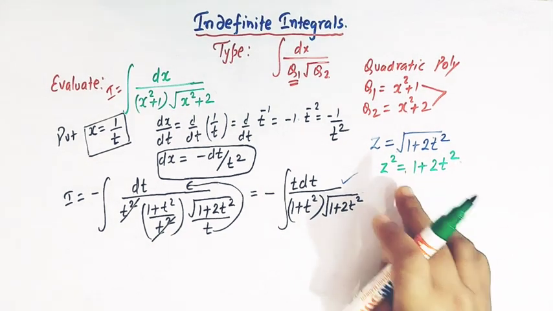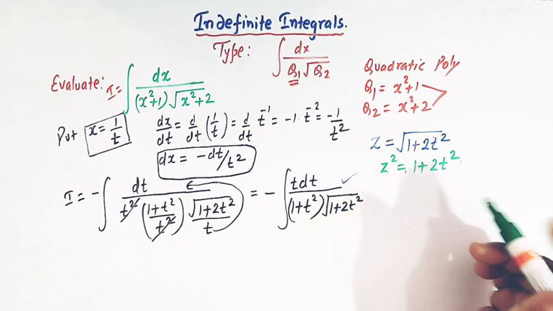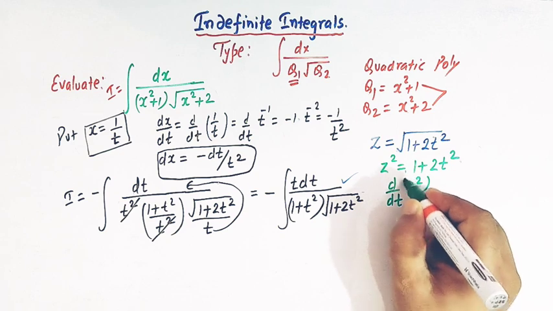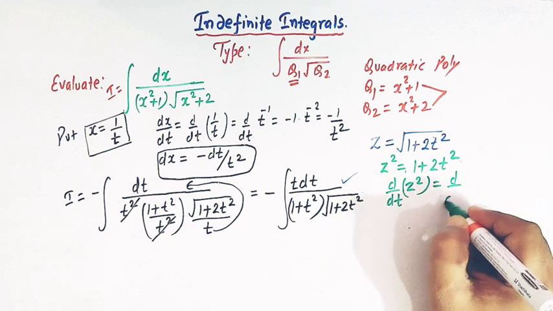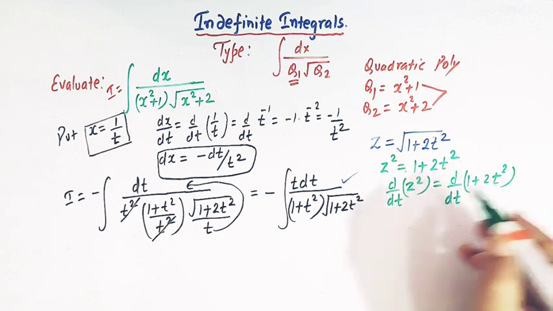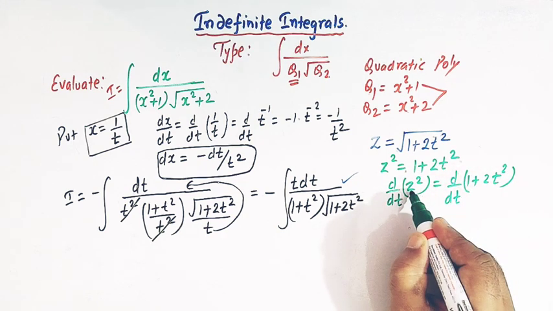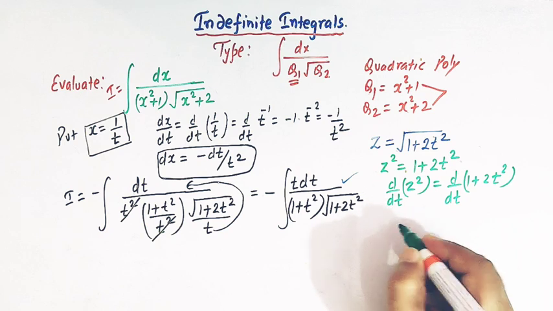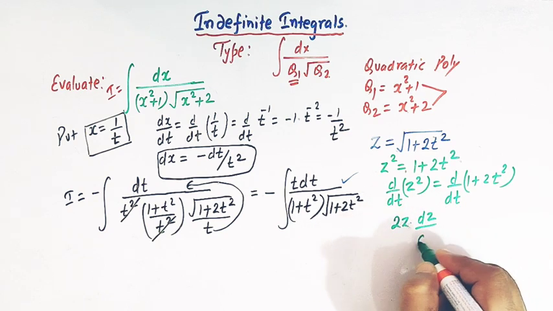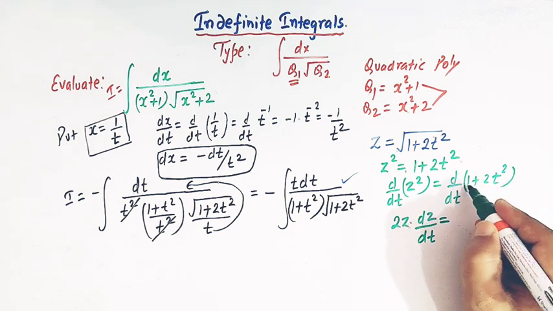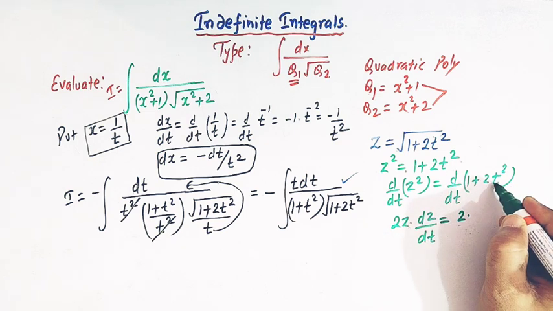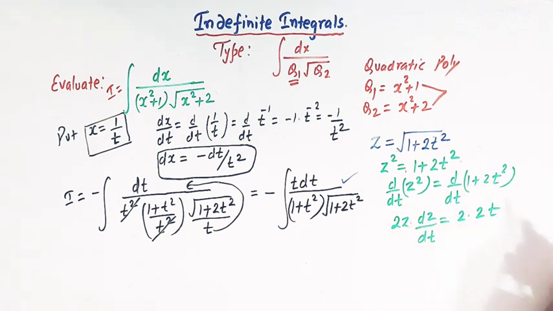So now differentiating both sides with respect to t, we have d by dt of z square, and here we have d by dt of 1 plus 2t square. So here the derivative of z square with respect to z is 2z, and then by chain rule we have dz over dt, and here the derivative of 1 is 0, and we have 2 times the derivative of t square, which is 2t, right?